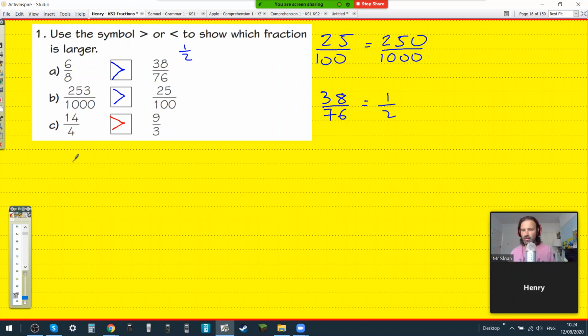Because what I did is I kept on timesing 3 in the 3 times tables until I got 9. So I did 3 times 3 to make 9, and then I did the same for 4, but I only got 12. So I also timesed it by 3.